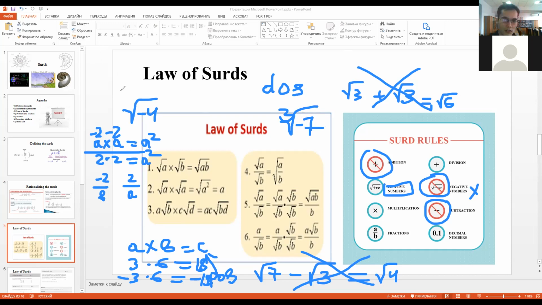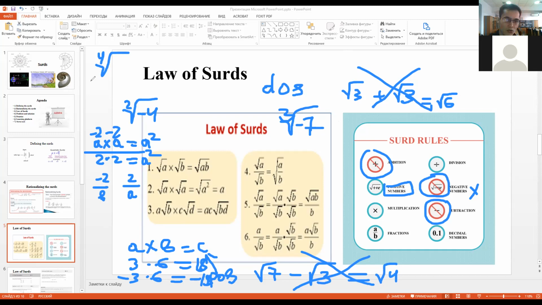Even degrees, for example, this one is even. 1, 3, 5, 7, 9, these are odd degrees. Yes, they are odd degrees. It's okay if you have a minus number under an odd degree surd.